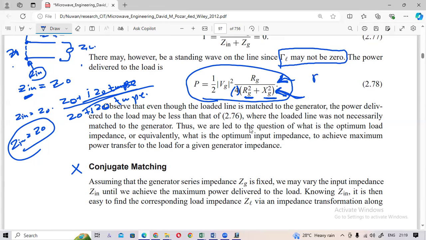Here, simply R in is equal to Rg, and X in is simply equal to Xg. Why? You are going to match Z in, the loaded line impedance, to the generator Zg.